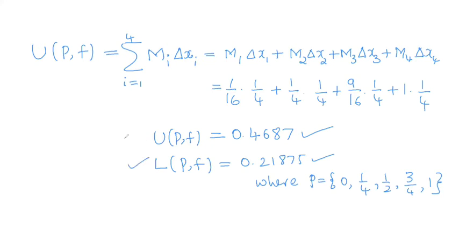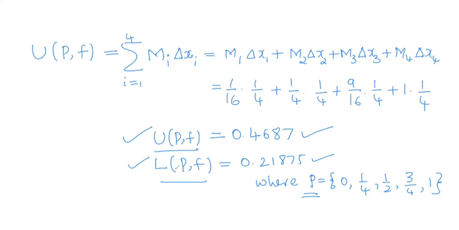Calculate these lower Riemann sums and upper Riemann sums for varying partitions. Whatever partitions you can define on the interval 0, 1, with respect to all those partitions, calculate the lower Riemann sum and upper Riemann sum. Then finally take the supremum of all lower Riemann sums and the infimum of all upper Riemann sums. That will give you the lower Riemann integral and upper Riemann integral. And if they are equal, that will say that the given function is Riemann integrable.